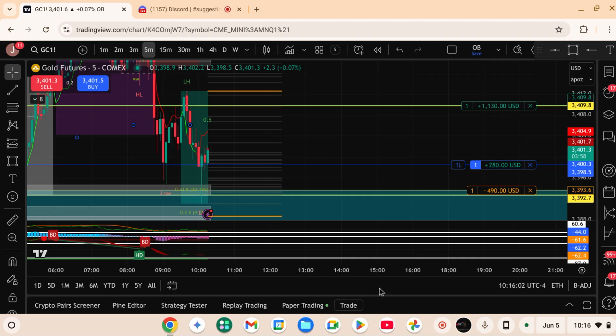You can actually move your stop below this candle if it closes bullish, if you're in this trade right now.